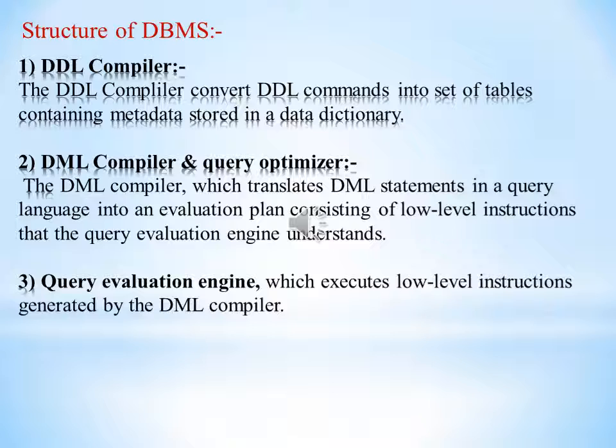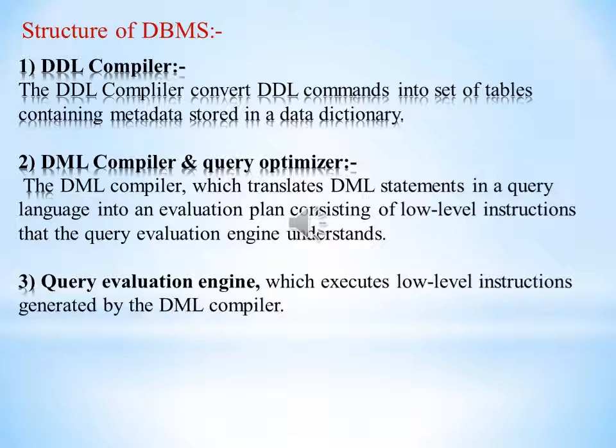In this, we translate the DML statements in a query language into an evaluation plan consisting of the low-level instructions that the query evaluation engine understands. A query can usually be translated into any of a number of alternative evaluation plans that all give the same results.